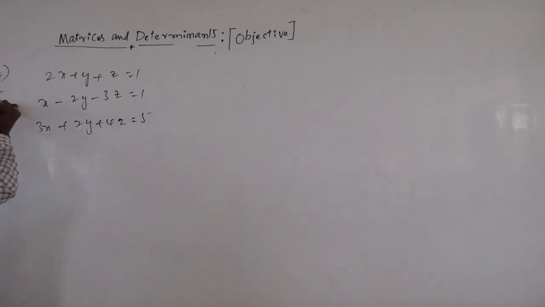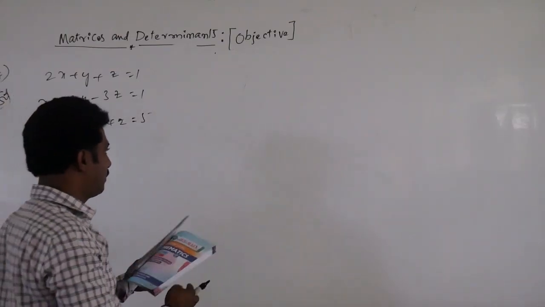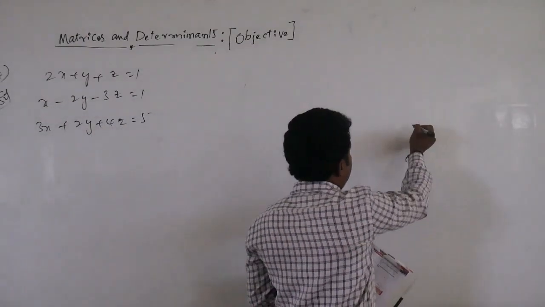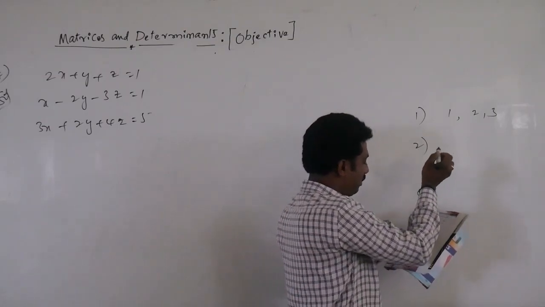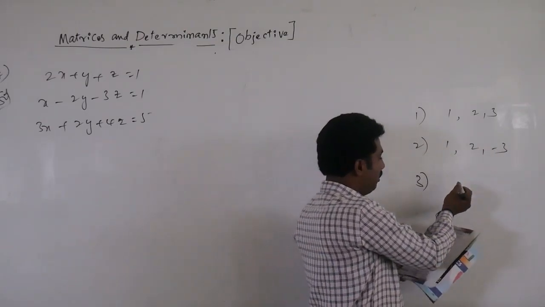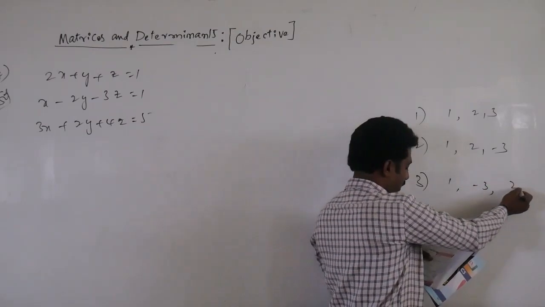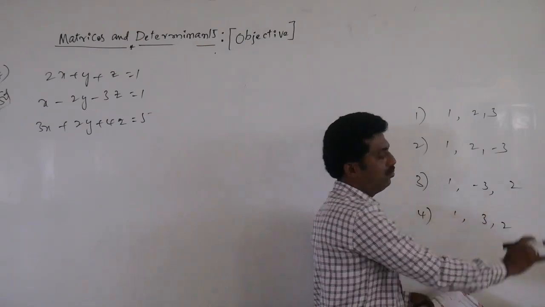They are asking for the solution of these equations. So first option 1, 2, 3. Second option 1, 2, minus 3. Third option 1, minus 3, 2. Fourth option 1, 3, 2.